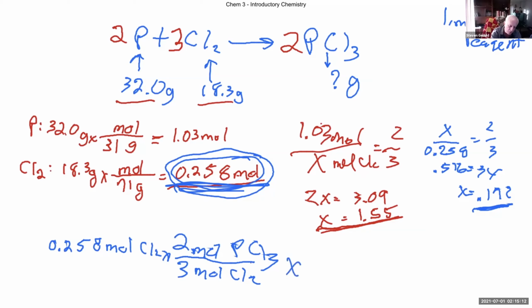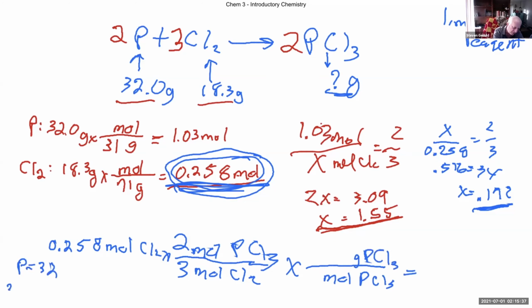And now I know how many grams, right? That's what I'm looking for. So now moles of PCl3 to grams of PCl3. Okay, we have to figure out my molecular weight. I have 1 phosphorus. Phosphorus is 32 grams.